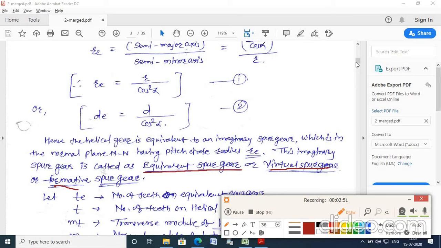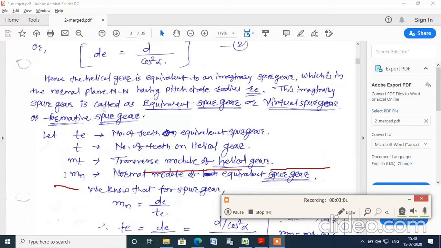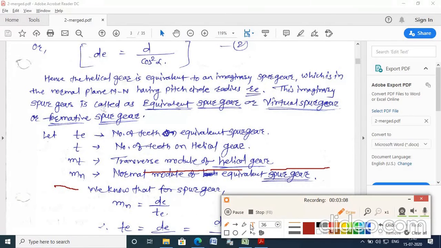Now, let us say TE is the number of teeth on the equivalent spur gear and let us say T is the number of teeth on the helical gear.